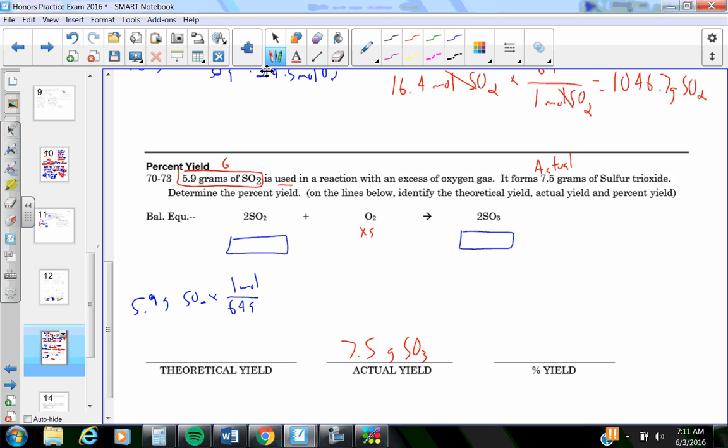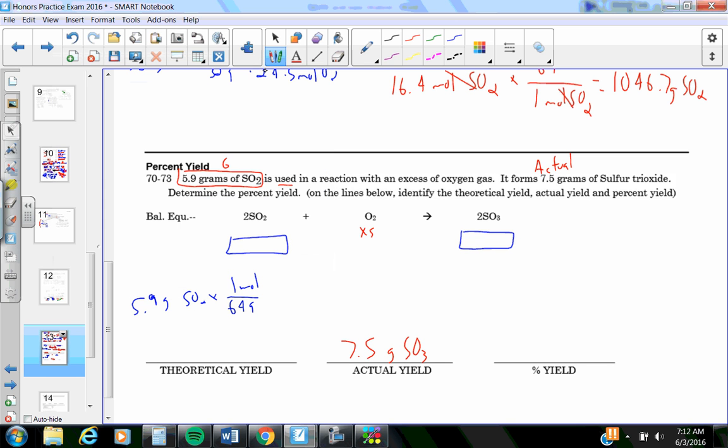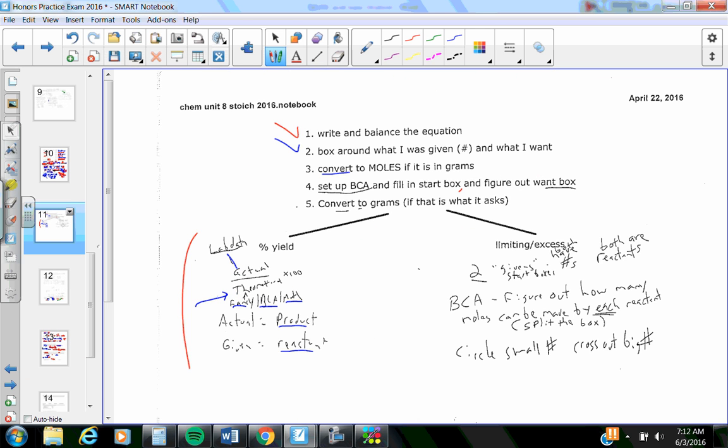I'm liking it. 5.9 divided by 64 equals 0.09. 0.09 moles. So I've converted to moles.